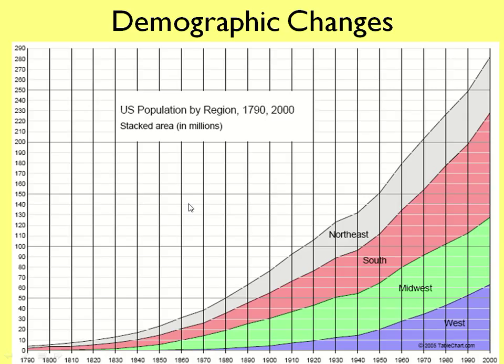from its beginning up to close to the present day, and the different regions: northeast, south, midwest, meaning around the Great Lakes area, and west, the Great Plains and the Rocky Mountains and the Pacific Coast. The West doesn't really come into existence until the 1890s, but here the Midwest is starting to come to the forefront.